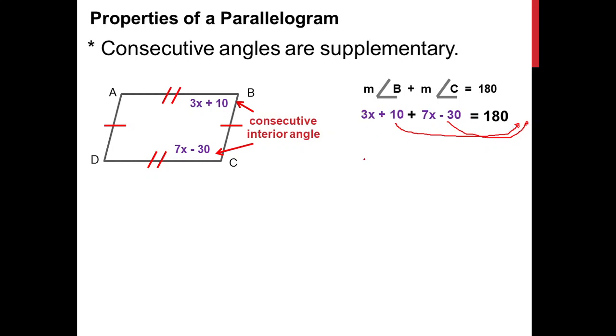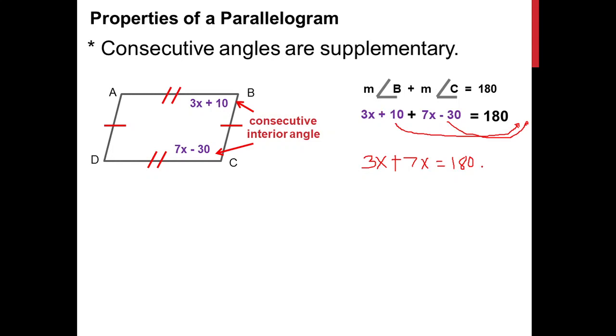So I'll bring down 3x plus 7x, bring down my equal sign. So on my right side, I have my 180. And then the transposed terms, positive 10. Again, if you transpose a term to the other side, the sign of that term will change to the opposite.